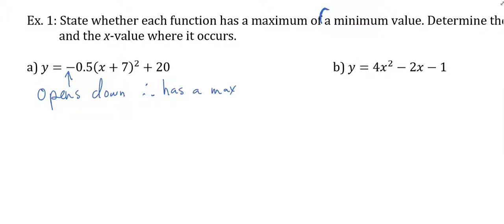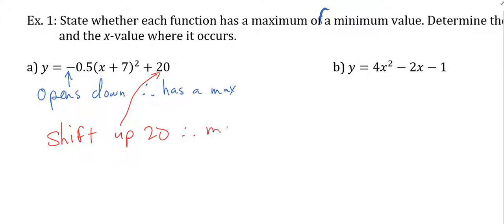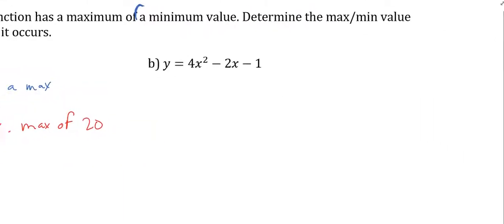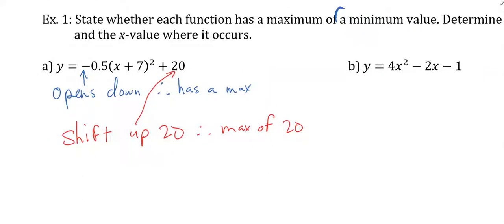I'm going to scribble on this a little bit. Shift up 20 is that number there. Therefore, max of 20. The question says, determine the maximum value and the x value where it occurs.